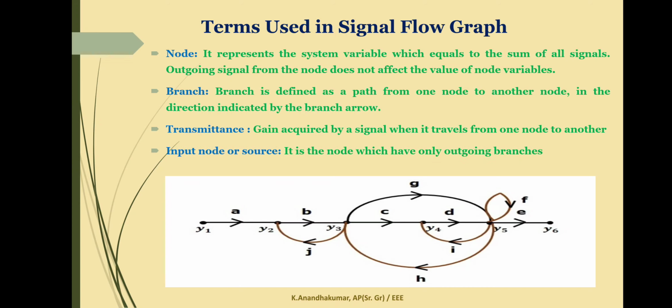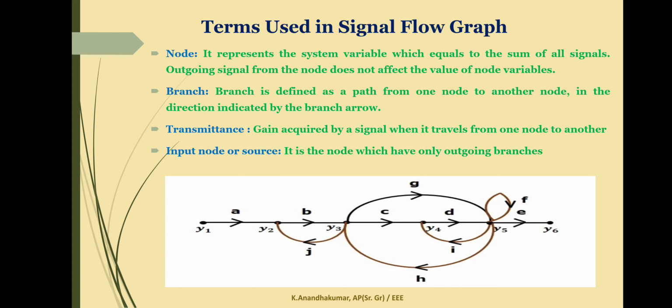Input node or source node. It is the node which has only outgoing branches. Now look at the signal flow graph, and can you tell me which node has only outgoing branches? Node y2? No, because y2 has both incoming and outgoing branches.